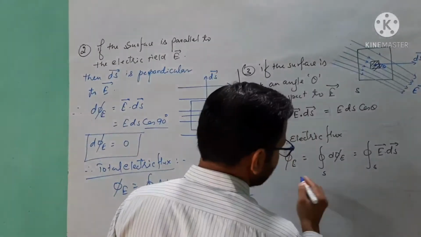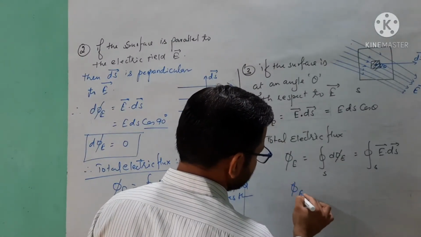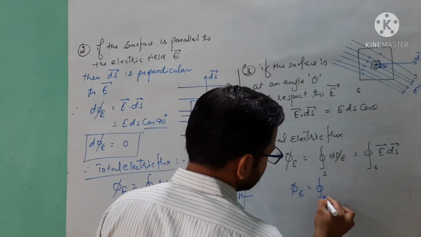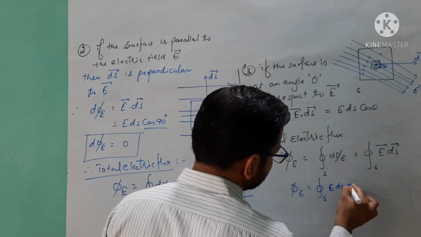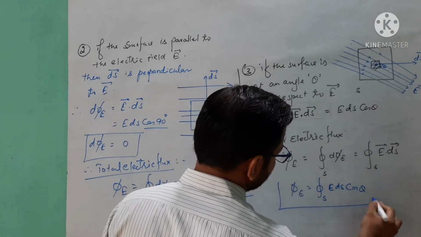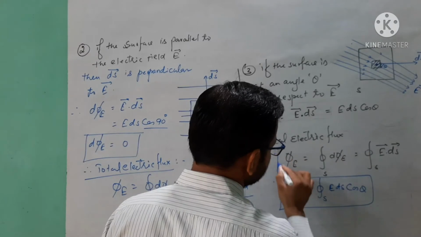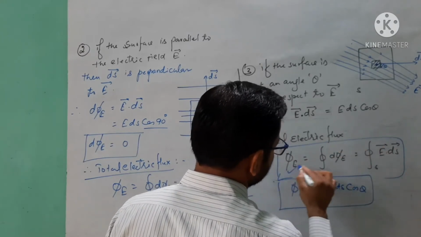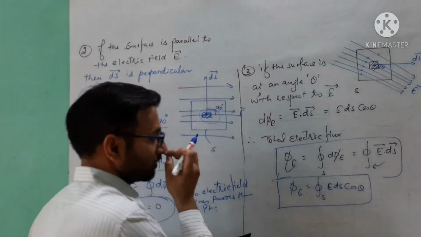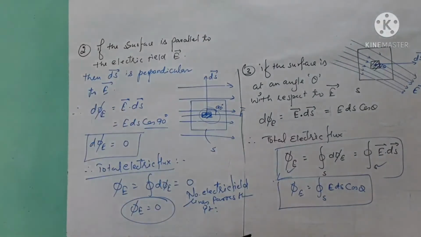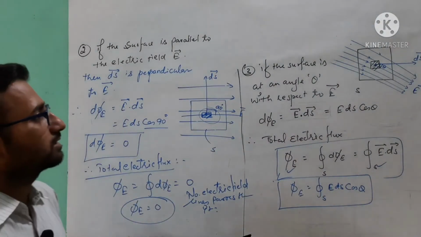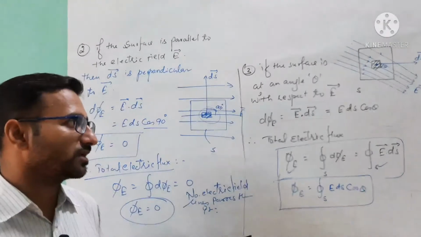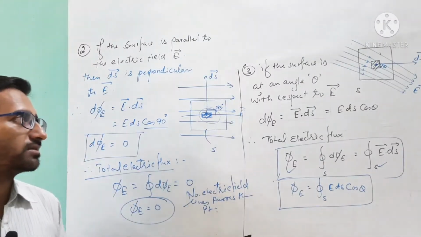After that you can write this relation E ds cos theta. You can opt for either one, this relation is very famous, so you can learn it. So this is the basic information about the electric flux.